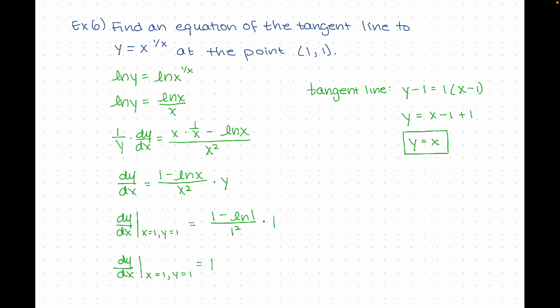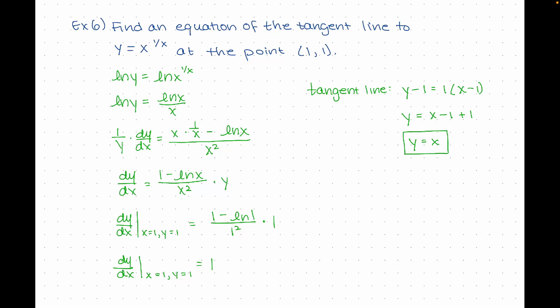I wrote it as a quotient and did quotient rule. But again, 1 over the argument times the derivative of the argument on the left-hand side. And then bottom times derivative of the top minus top times derivative of the bottom over bottom squared. And this one simplified really nicely because x times 1 over x is just 1. And then multiply both sides by y.